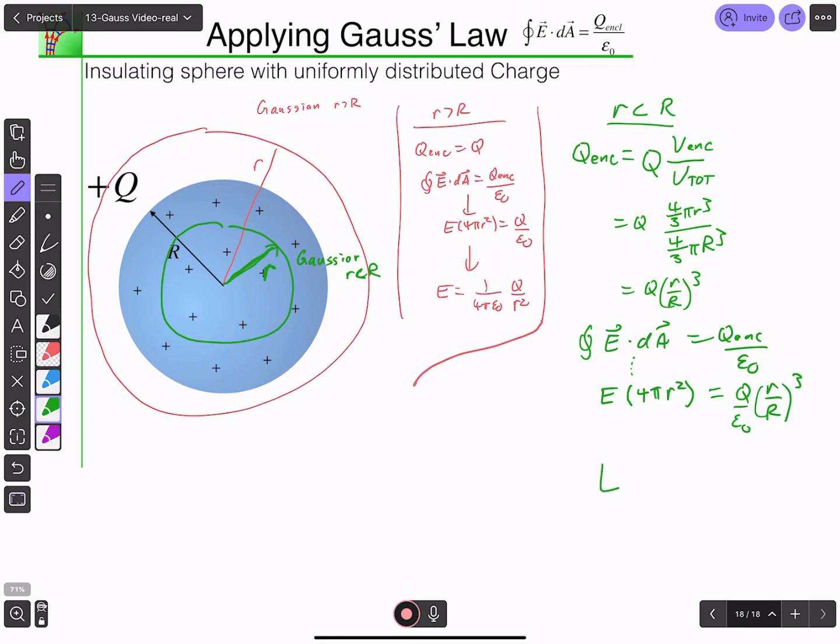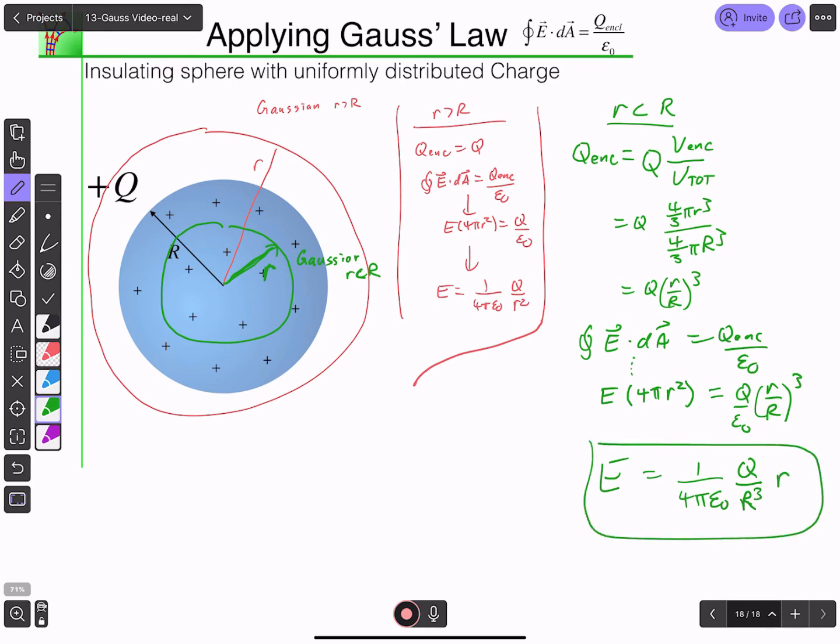If I rewrite this, you notice that the r squared cancels out, only cancelling 2 of the r's on the right hand side, and so we end up with E equals 1 over 4 pi epsilon naught Q over R cubed, and then we have an r.